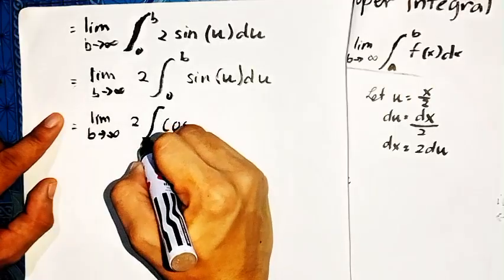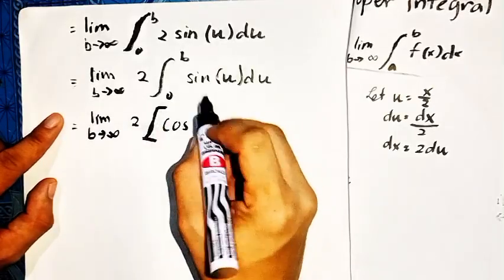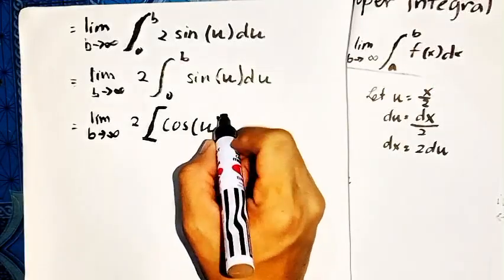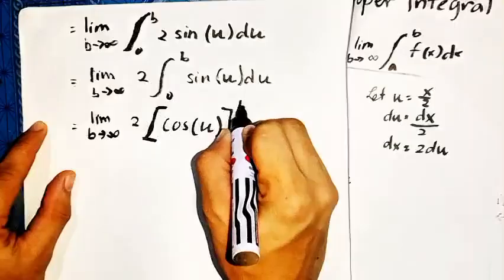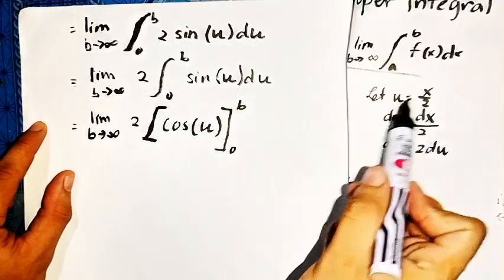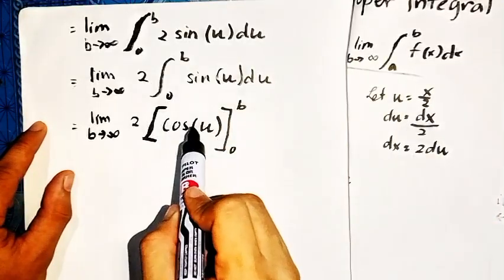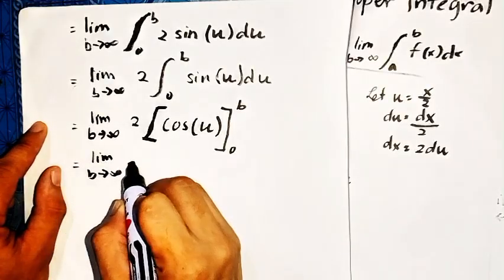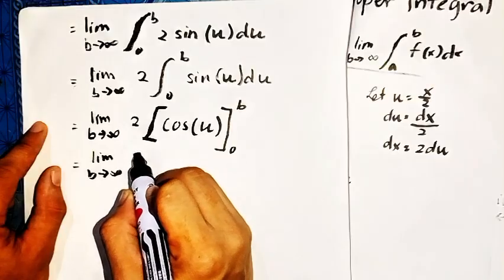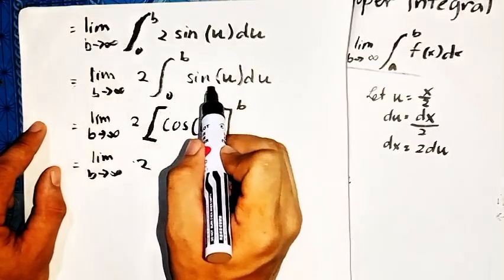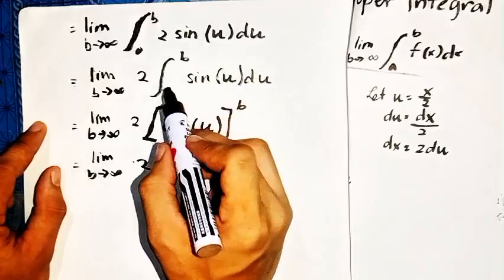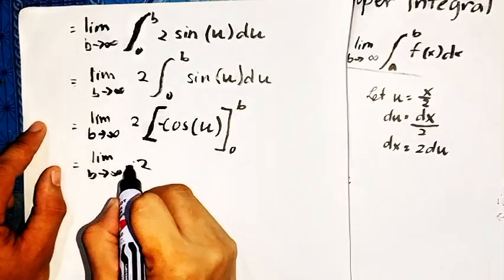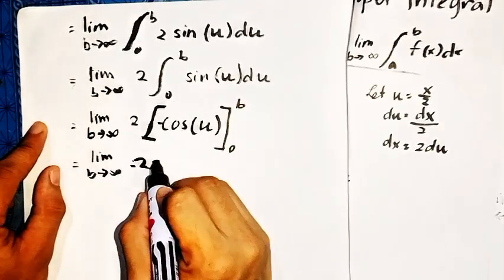Let's remove the integral because we're going to integrate the sine u, so cosine u from 0 to b. Now let's put these values to our function. Limit b approaches infinity, 2. Now wait, the integral of sine is negative cosine, right? Therefore, this becomes negative 2 cosine.